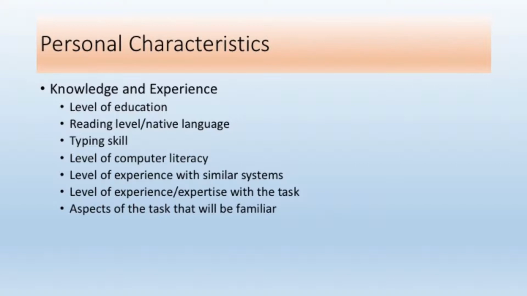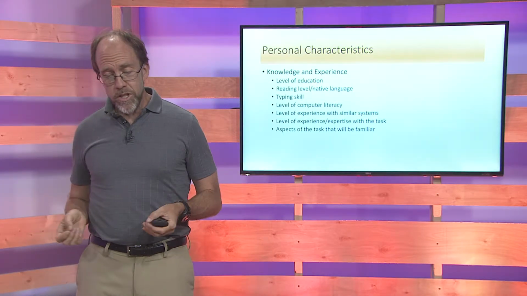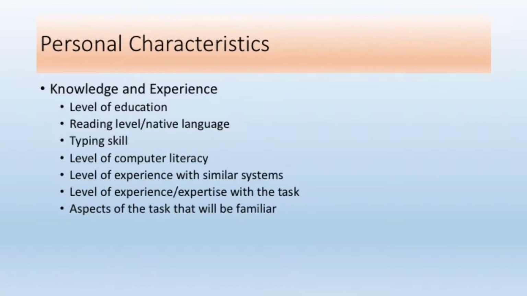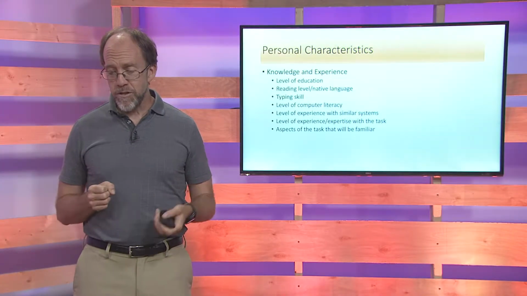If you're designing a system only for high-end users, that's going to be different from something designed for the general public. So things like the level of education, the language, how well they type, how computer literate they are, are all characteristics of the users. Realize they can be different in every single user. But it goes deeper than that.